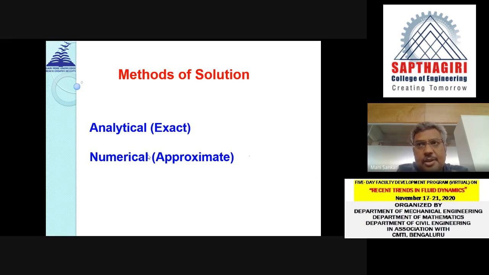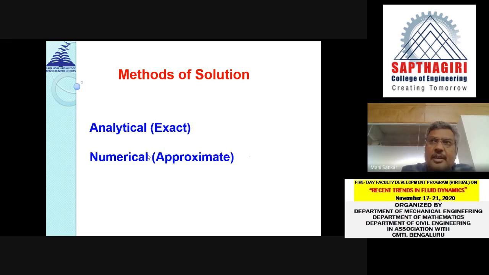Whereas a numerical solution is an approximate solution only. It is not a continuous solution, it's a discrete solution. That means in your solution domain, particularly with the finite difference method, you are finding the solution only at a selected number of grids or grid points. That's why it's called an approximate or numerical solution.